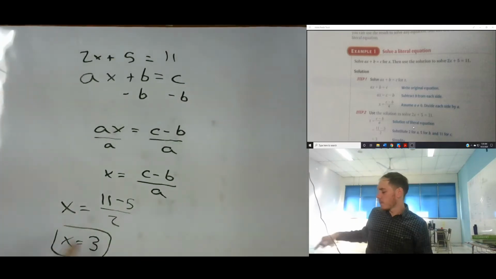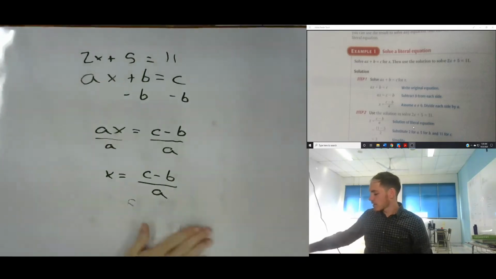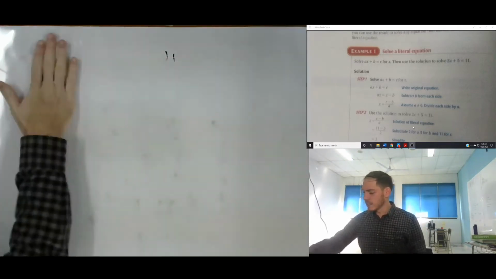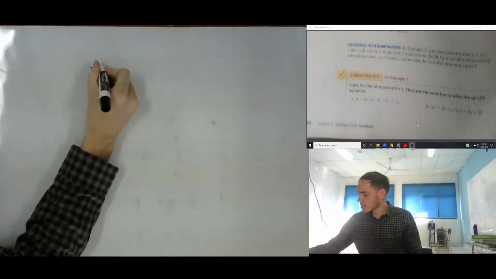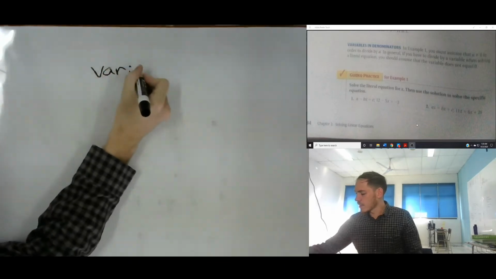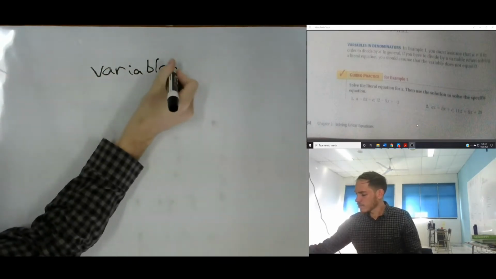And simply put, we just substituted what we needed to do. Okay, that's what literal equations give us. Now let's look at some other examples of this very idea. So if you have variables in denominator, the key important note is variables in denominator cannot equal 0.